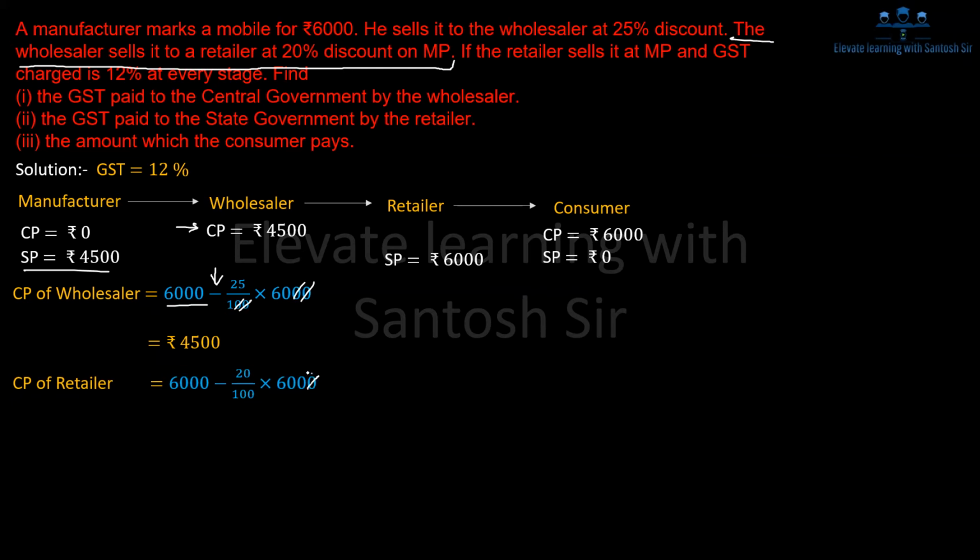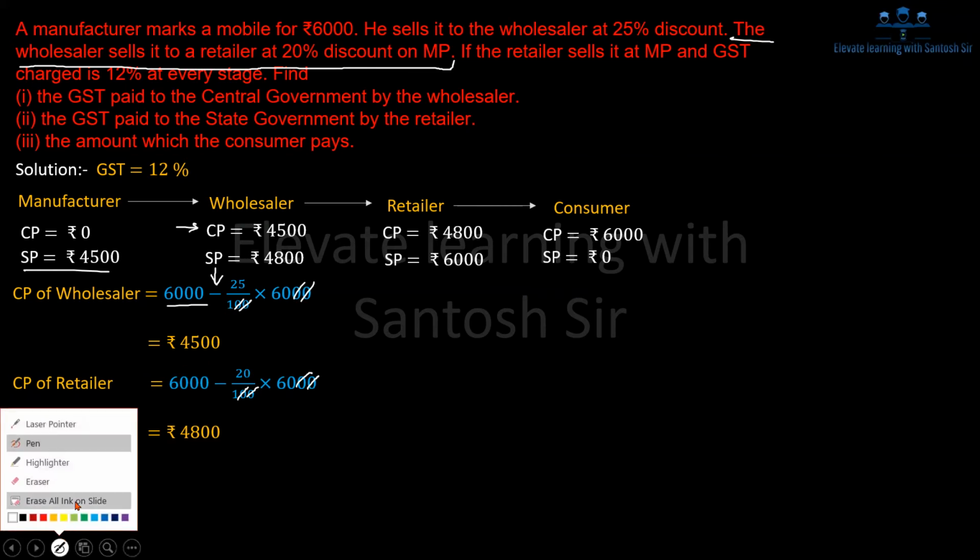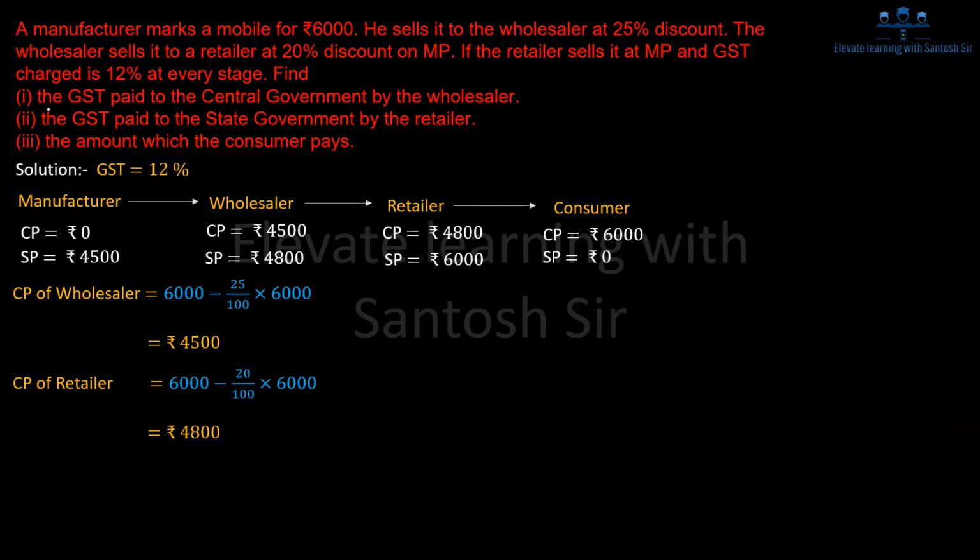Once again, we can cancel out the zeros and we can get 2 6s are 12 and then 2 zeros, 1200. 6000 minus 1200 will give us 4800. It means that the selling price of wholesaler, which is equal to the cost price of the retailer, is 4800. Now our chain is complete. Now let us come to the questions.